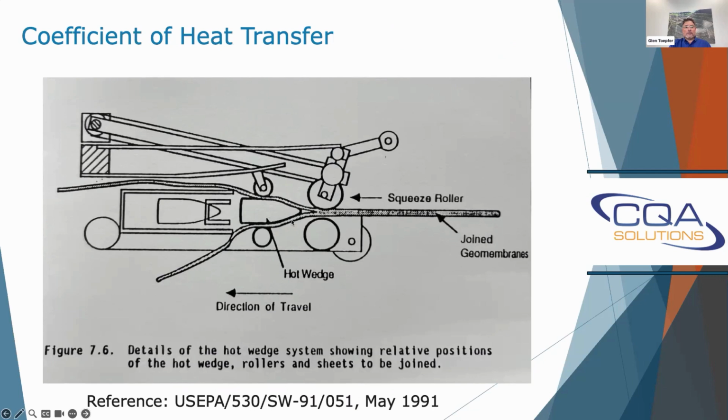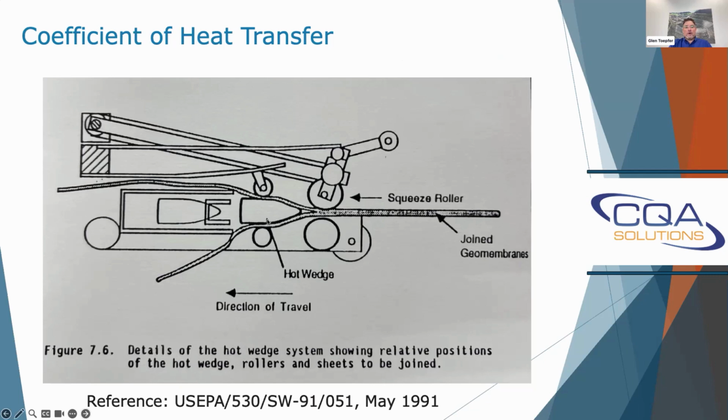So it's how long this geomembrane is in contact with the wedge that determines the heat it gets. So there's some type of coefficient of heat transfer there. I'm no expert in any of that. I never studied heat transfer, but I know it exists and it seems like it could vary. I know, for instance, Leister is advertising a new wedge.